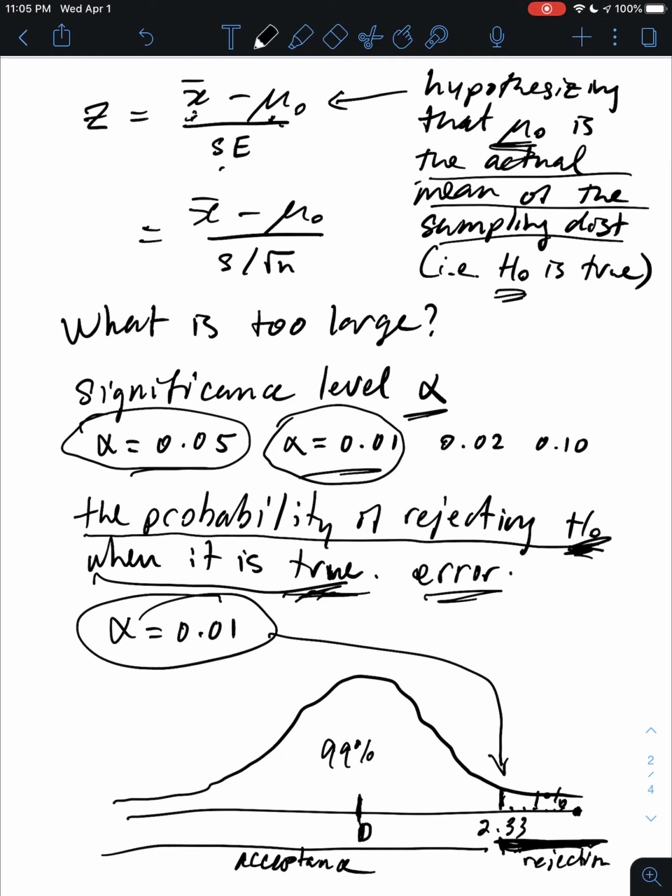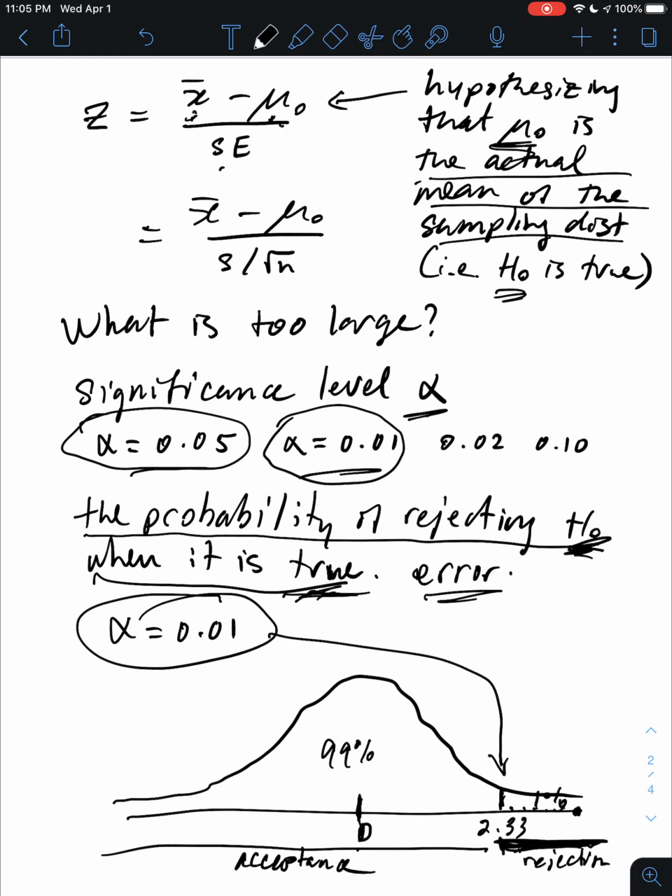There's absolutely no reason to reject the null hypothesis in that case. So 0 should always be in the acceptance region. So that's just a little mnemonic, a memory aid to help you find the acceptance region in these diagrams that we're going to be drawing. The acceptance region always contains 0. The rejection region is everything else.